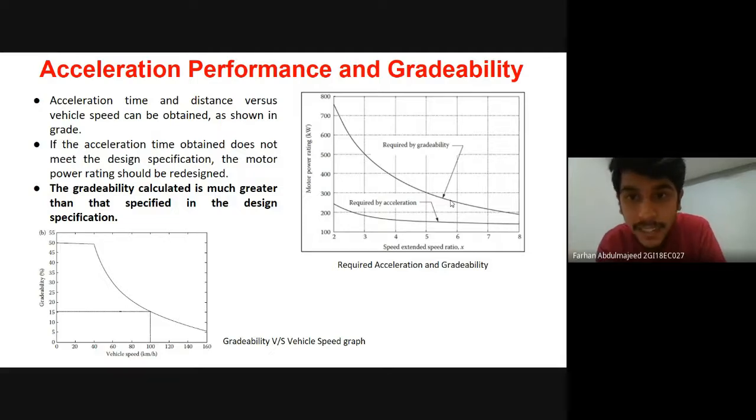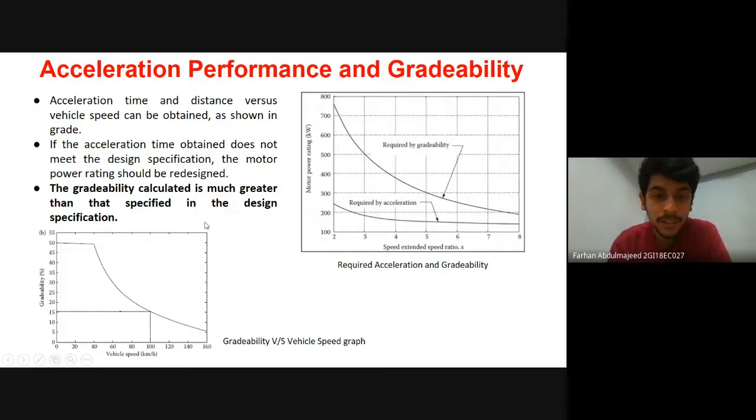So at higher torques, at higher speed ratios, the power required by the motor will be less. For example, whenever you climb uphill, you always do it in first gear because you have more torque, so you can easily go up, and also the power consumed by the motor is less.